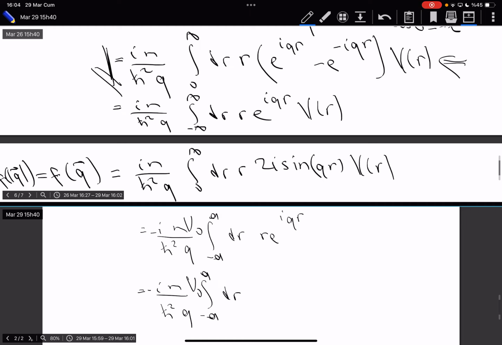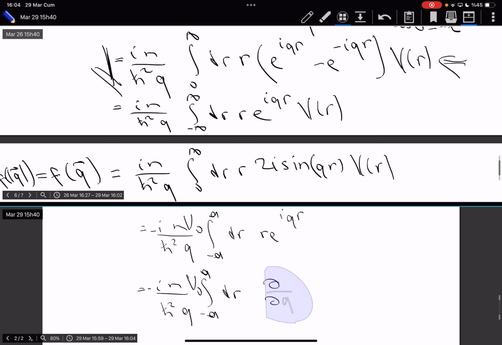I can get rid of it by taking the derivative with respect to q. You see, if I take the derivative with respect to q, that brings down an i times r in front of the exponent. So I cancel i, and so I have this equality.